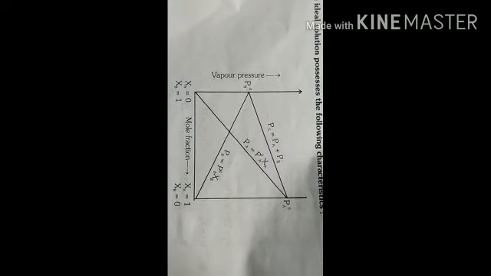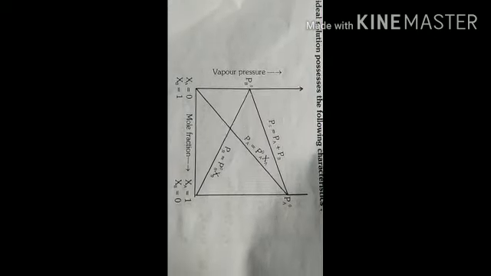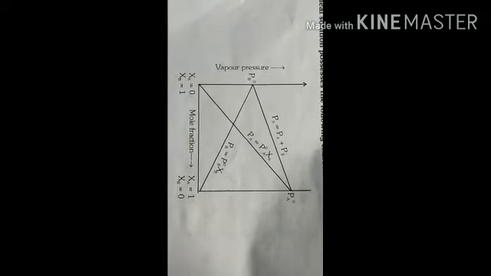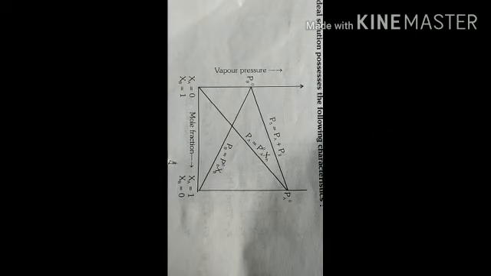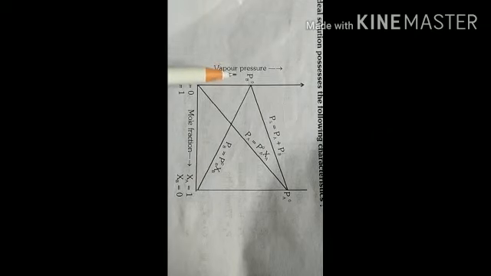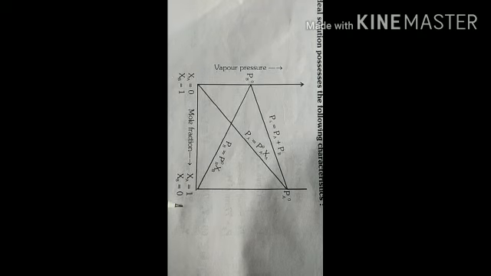Next we'll see the graphs which are related to these solutions. This is the graph for an ideal solution. We have vapor pressure along the y-axis and mole fraction along the x-axis. This is P naught B. Here mole fraction of A is 0, that of B is 1. Here mole fraction of A is 1, that of B is 0.